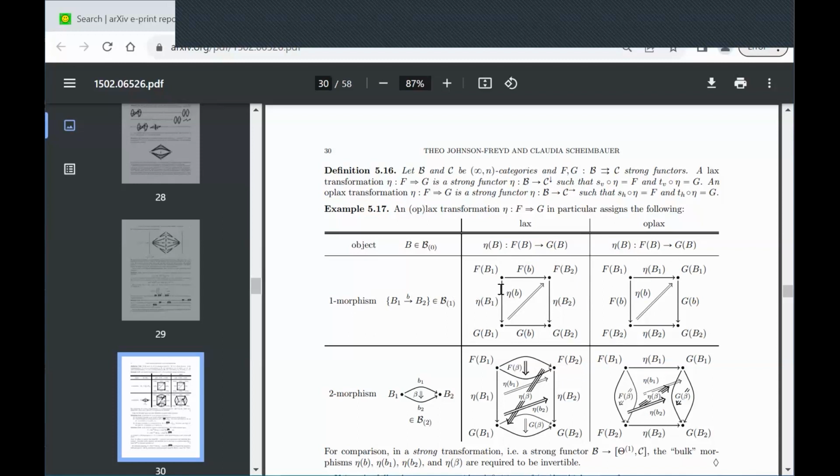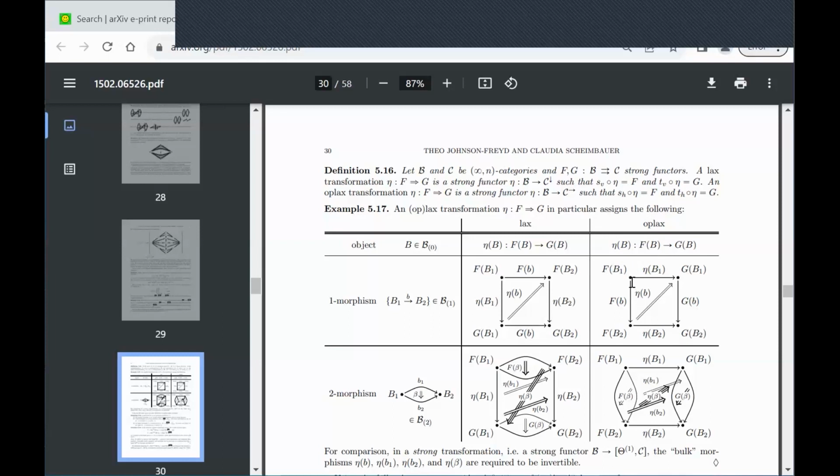That's to be expected. But then you get this natural commutative diagram, and then the question is, how do you want to make this thing commute? You can either make it commute by pointing along this composition, or this is the same diagram flipped on its axis, and you can make it commute this way. So we have to use this one called oplax.